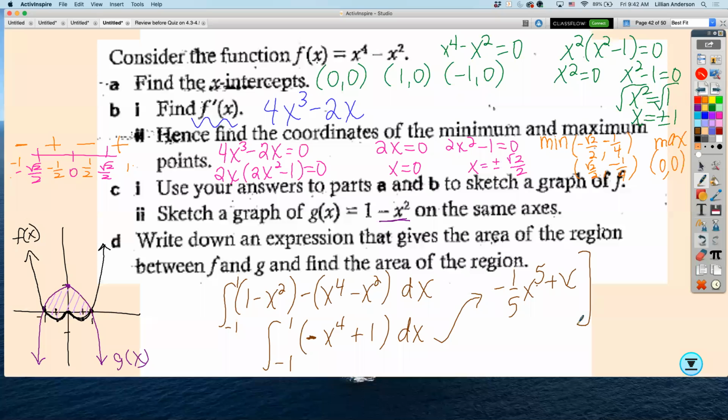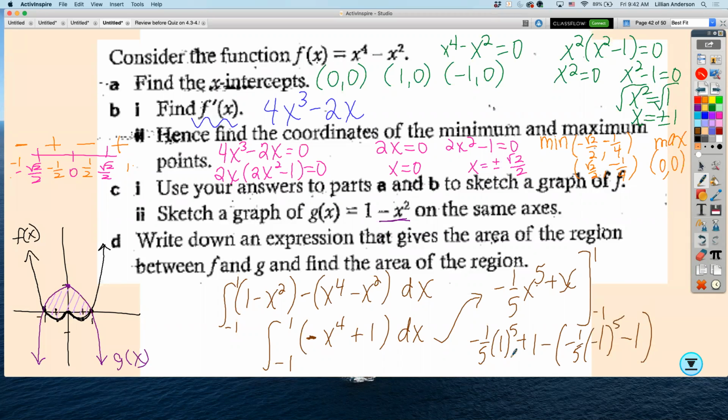And so we're going to evaluate that from negative 1 to 1, but I plug in my upper bound first. Luckily, these are just 1s, so it's actually kind of nice. Then subtract it from when I plug in my lower bound, remembering that any negative number raised to an odd power is going to be negative.